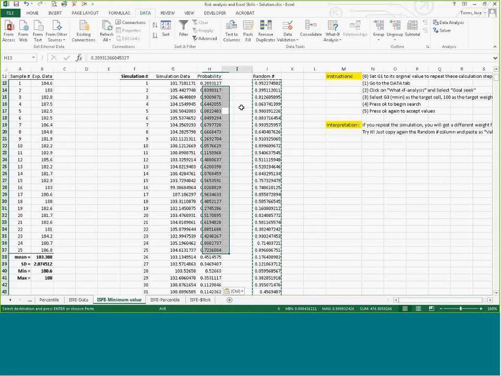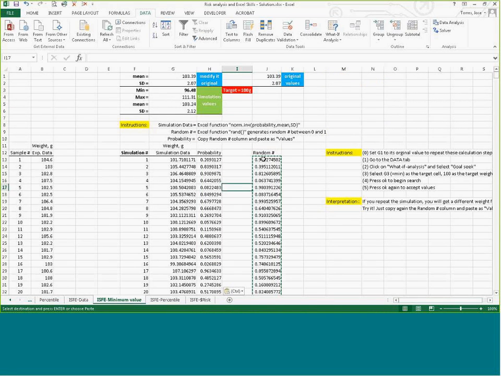These random numbers are generated by itself, therefore giving variability.